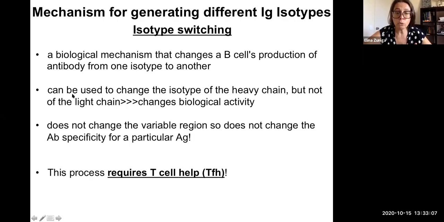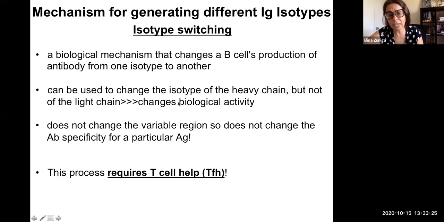This can change the isotype of a heavy chain, but not the light chain. So the light chain constant region doesn't change via isotype switching, only the isotype of the heavy chain.